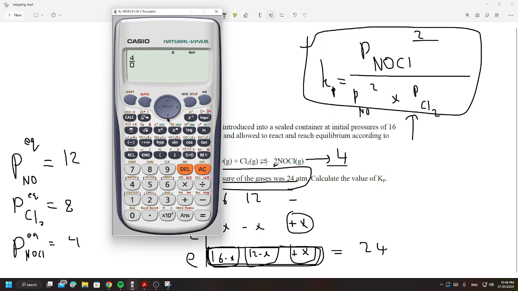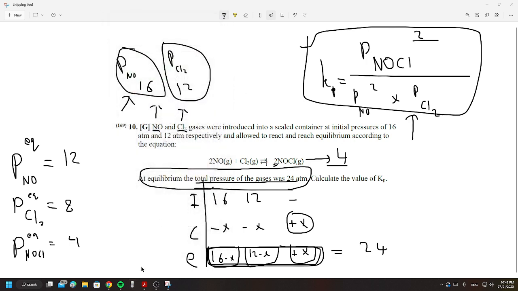NOCl squared, so 4 squared, over the pressure of NO squared, so 12 squared, times the pressure of Cl2, which is 8, and we got 0.0138.